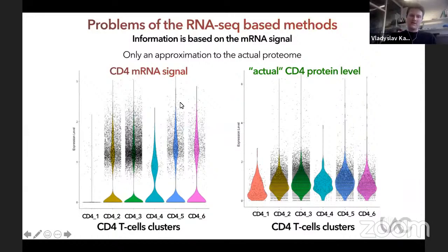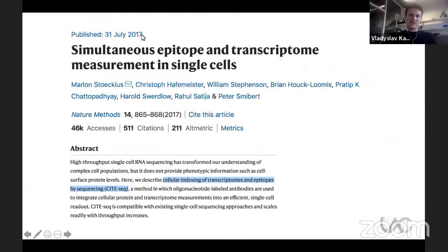So there were some wise people that asked this question themselves, and that's why in 2017 there emerged a publication in Nature Methods from the New York Genome Center. What they made is basically a method, a principle that allows you to gain information simultaneously from the messenger RNA that is contained in the cell, but also about the cell surface proteins that are expressed by these cells.